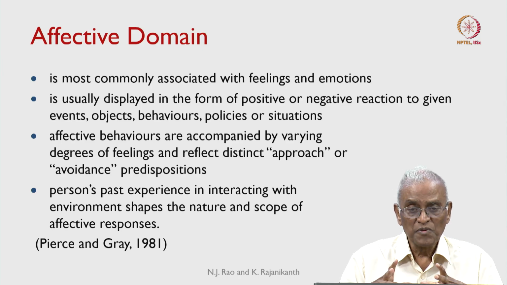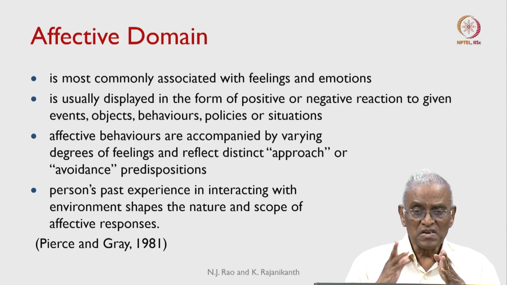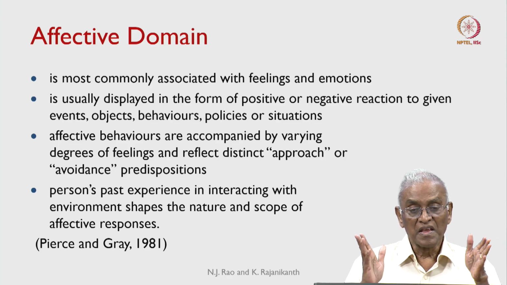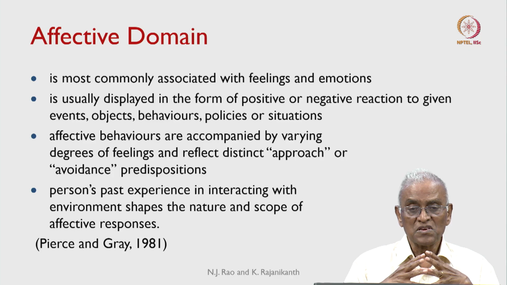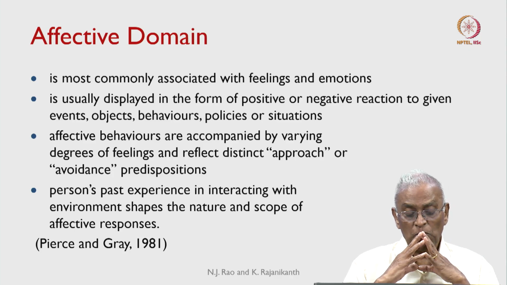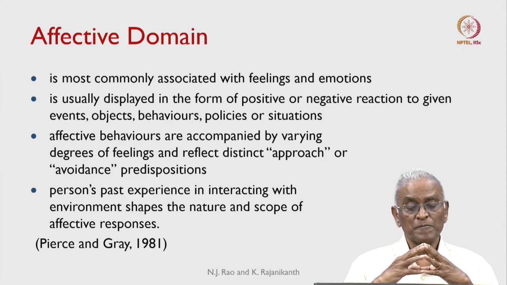So in a classroom, if you have 40 students, 60 students, each student has gone through his own life's experiences in how he interacted with his own environment. So obviously you cannot expect all students to have the same kind of affective responses.